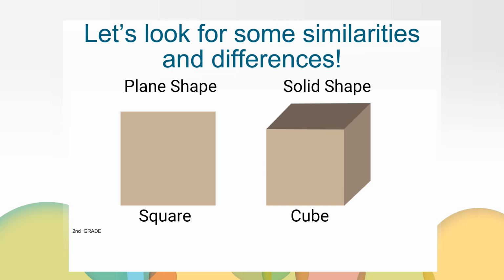If you found a way that they are alike, say it out loud. How are they similar? You can see squares in both shapes.